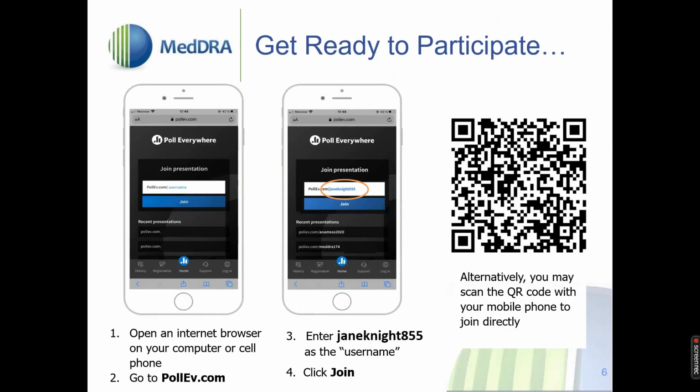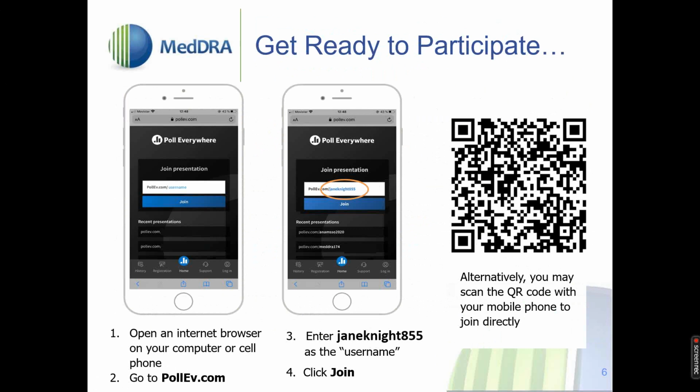So I mentioned already we're going to be using Poll Everywhere so that you can express how you would choose to code the terms, and you can join this. The easiest way is by scanning the QR code with your mobile phone, but if you want to do it on a computer browser, you can open a browser like Edge, Internet Explorer, Chrome, whatever you prefer, and just type the URL pollev.com, nothing else.